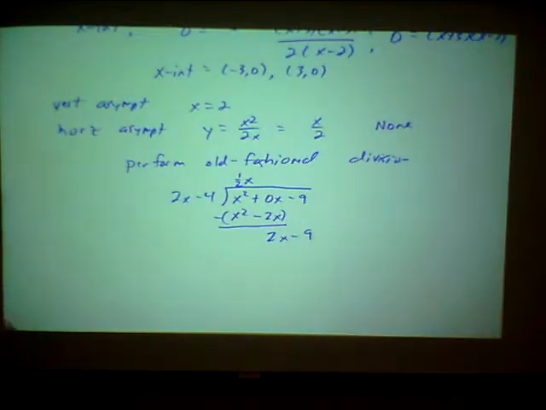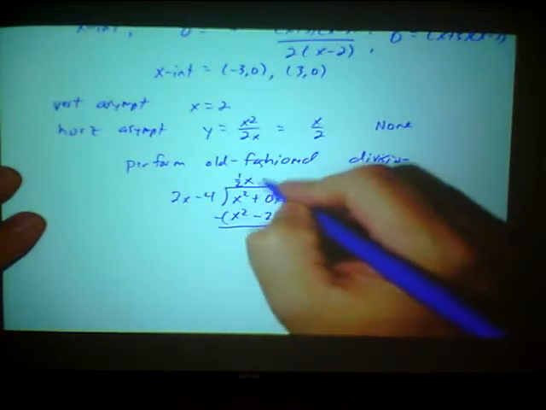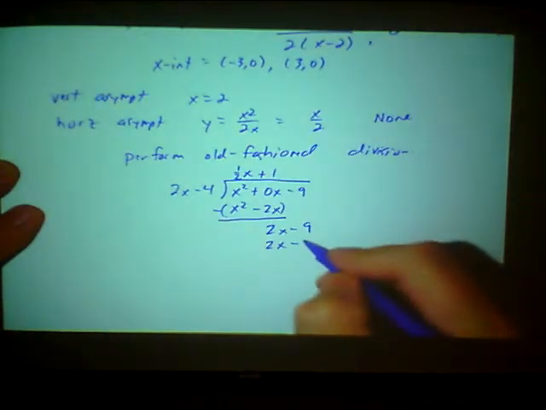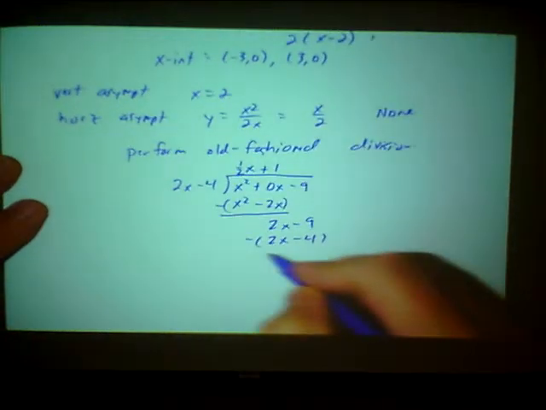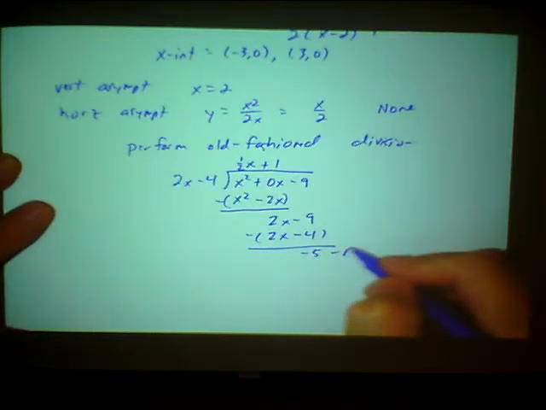Bring down the -9. What times 2x equals 2x? 1. So now 1 times 2x minus 4, and I subtract, and I'm left with -5 as my remainder.